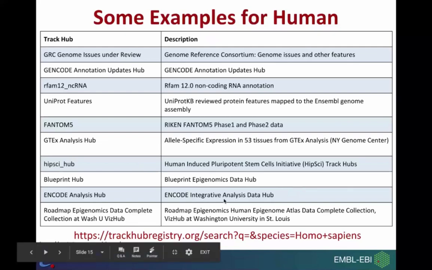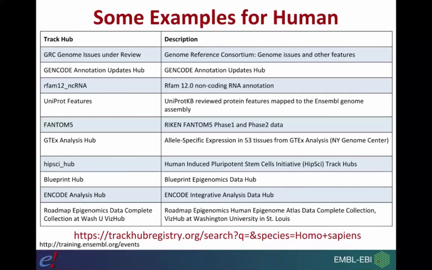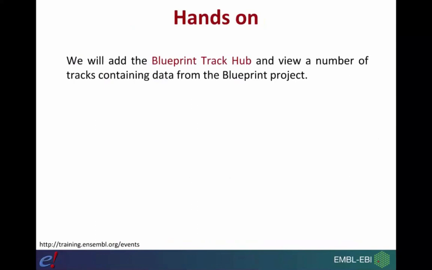You will have heard about these if you watched our webinar on the regulatory build. So what we're actually going to do now is to add the Blueprint track hub, which contains epigenomics data, to Ensembl, and we will view a number of different tracks from this project.